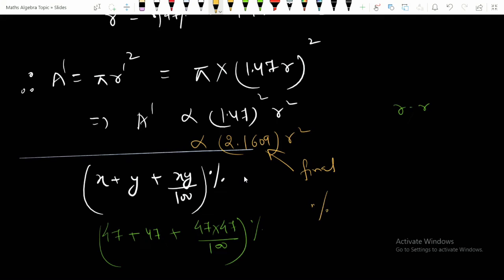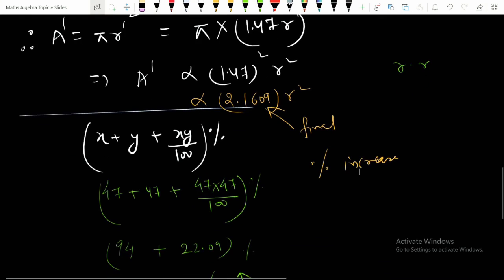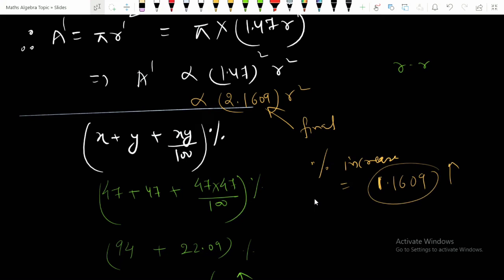But what is the percentage increase? You have to minus 1. Always, the percentage increase is minus 1. If it is 200, that is minus 100 in percentage. If it is in numeral form, then you only have to subtract 1. So it is 1.1609. This term is the increase, plus 1. If you get 2.16, this is your term.